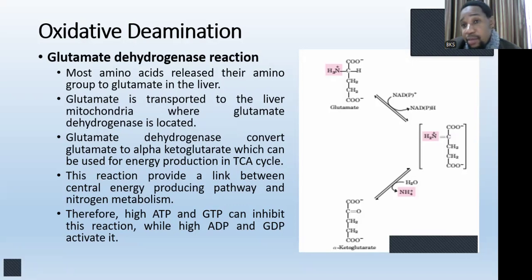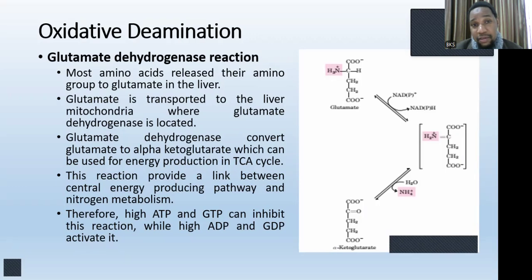Meaning this reaction increases the citric acid cycle metabolites. So assuming the citric acid pathway is operating at a high rate, there is high production of energy to the point that the energy is enough, high ATP, and this pathway is adding more alpha-ketoglutarate.